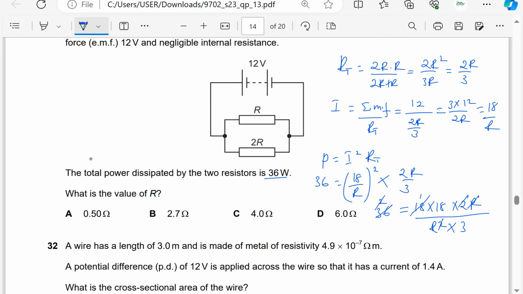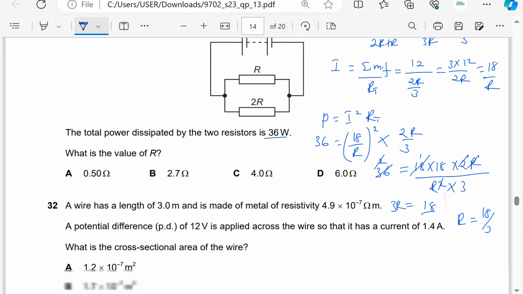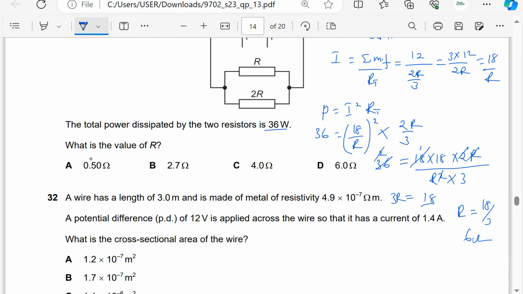This 2 cancels with this one. I remain with the 1 on the left hand side. So I have 3 is equal to 18 over R, or 3R is equal to 18. There's one R in the denominator, so I have 3R equals 18. So R is going to be 18 divided by 3, which makes this 6. So R is 6 ohms, so the answer is D.